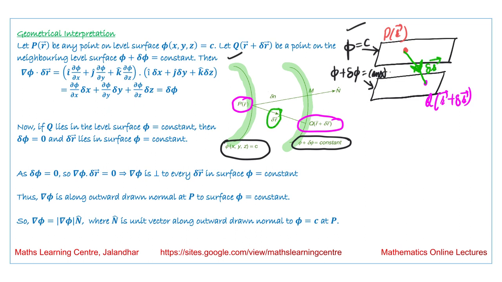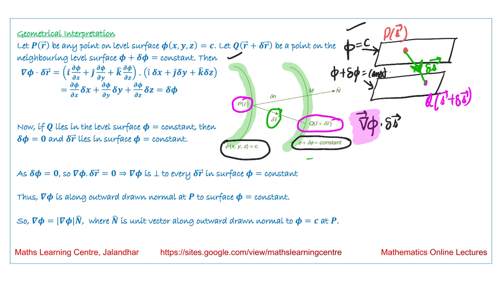Now we are going to calculate the value of gradient of phi dot delta r vector. We are interested in finding what this gradient of phi is, so we have taken its dot product with delta r vector.